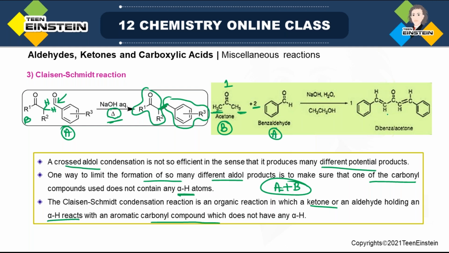Ultimately you are getting an alpha beta unsaturated carbonyl, but on both sides. Fine. So this is as if an extra version of crossed aldol, not normal aldol, because you have taken two different carbonyl compounds, right? So this is also aldol, but it is also known by this name, Claisen-Schmidt.